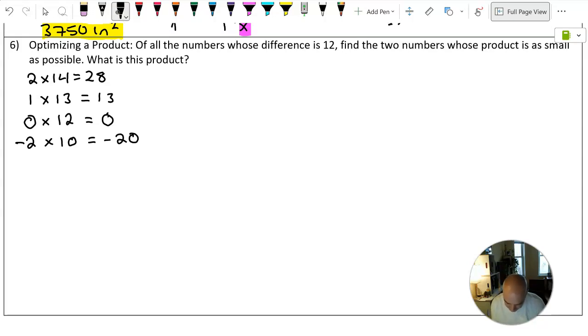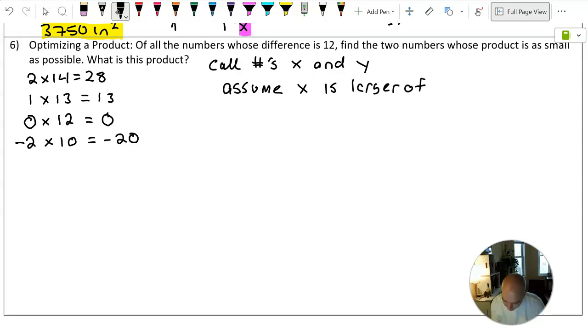So let's call the two numbers x and y. And since there's nothing special about x or y, let's assume that x is the larger of the two.